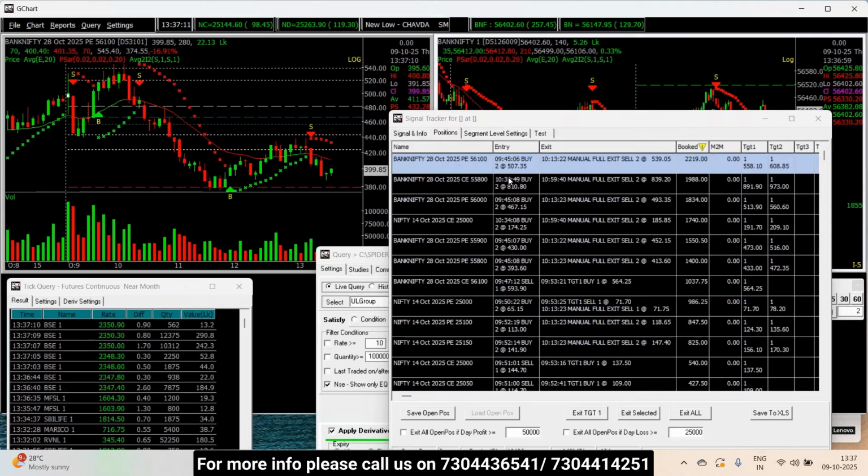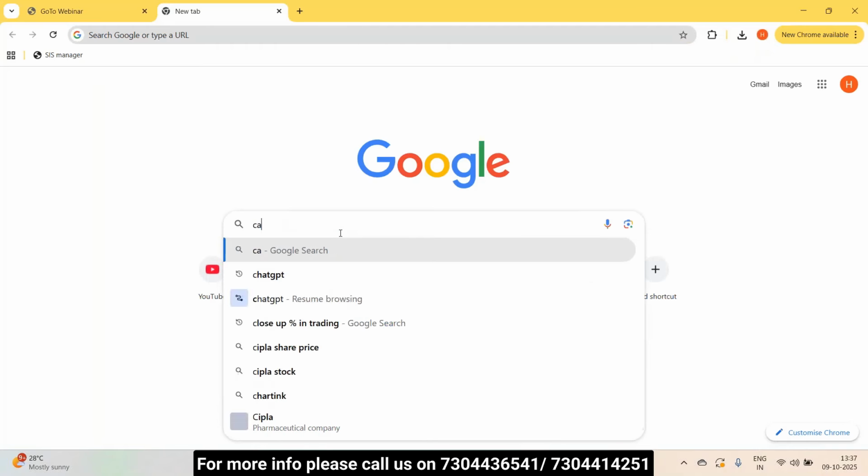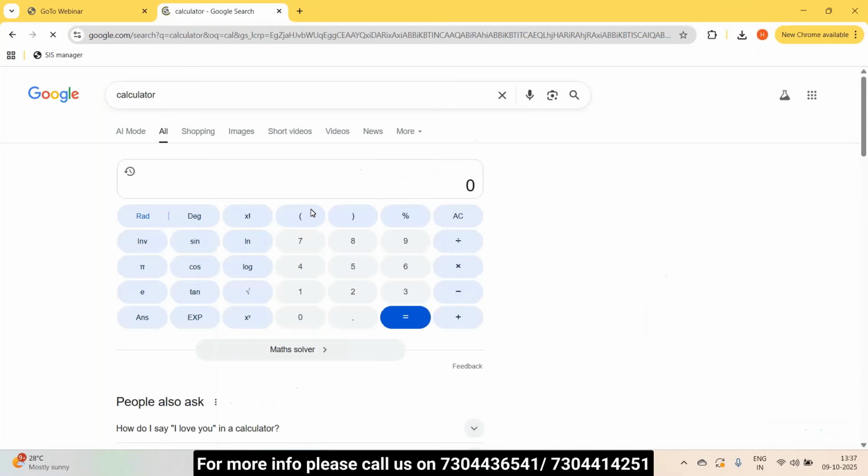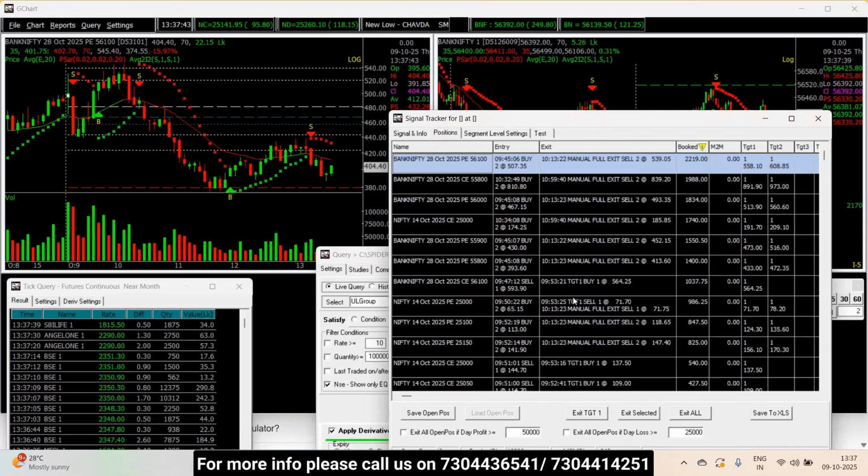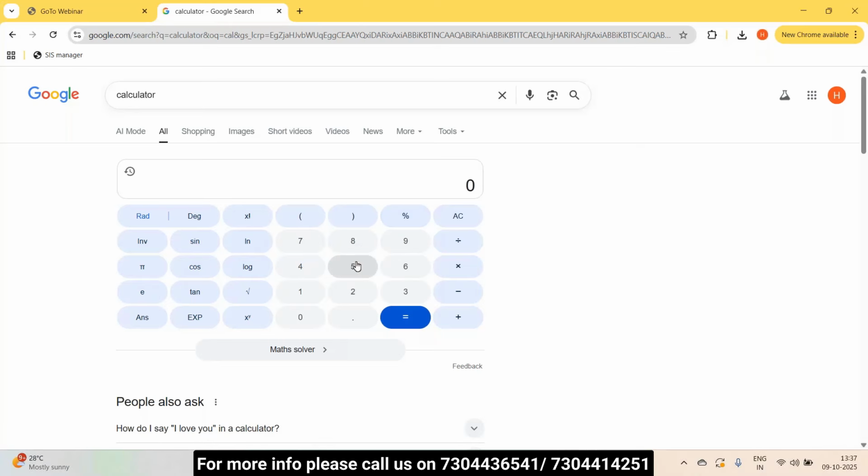So let's calculate this. If you open your calculators, Bank Nifty lot size is 35. 35 into 507.35. So that is 17,757.